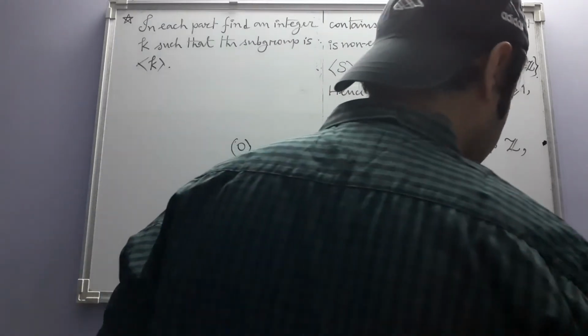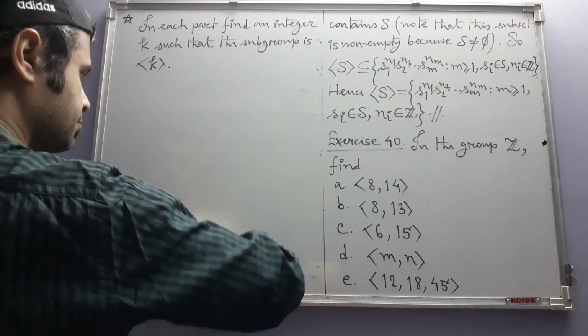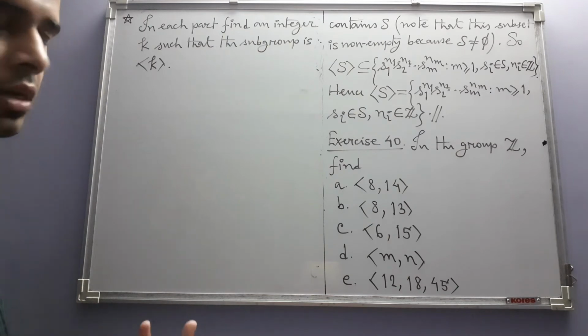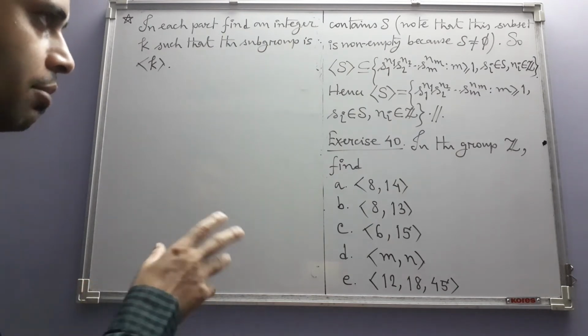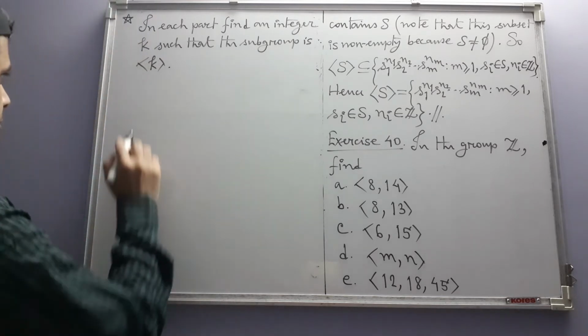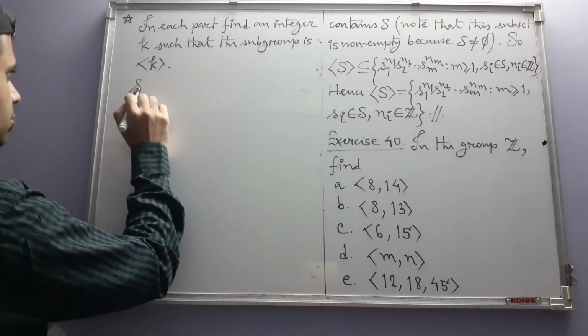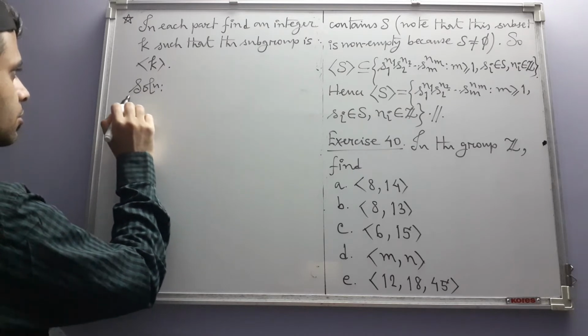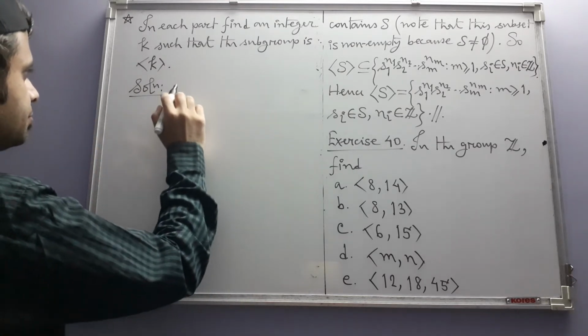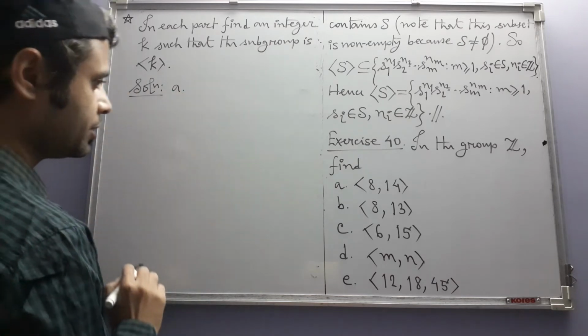There is no non-cyclic subgroup, because the group itself is cyclic. Every subgroup of a cyclic group is cyclic, so from there this result is coming. So without writing too much, we will just simply mention the things.